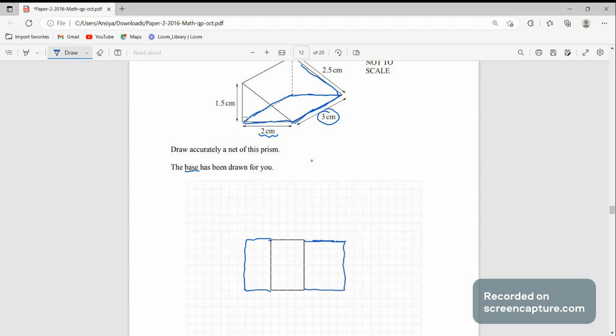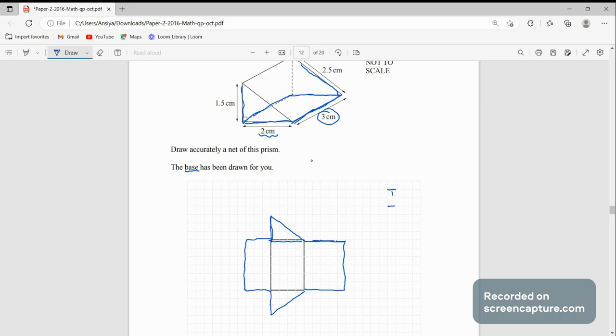Now we need the triangular part. So 2 is here and then the other side is 1.5. So this is 1 and then a half. So total 1.5. Connect here. Do the same. This is 1 and down half and then connect it. It looks simple, but the trick is this is not 1.